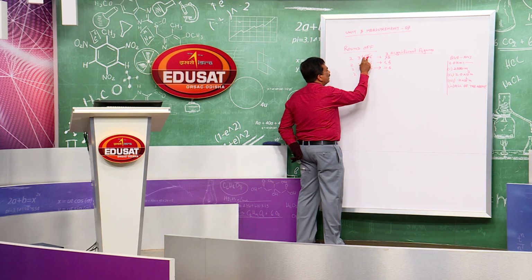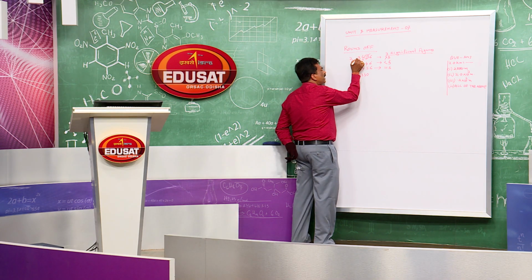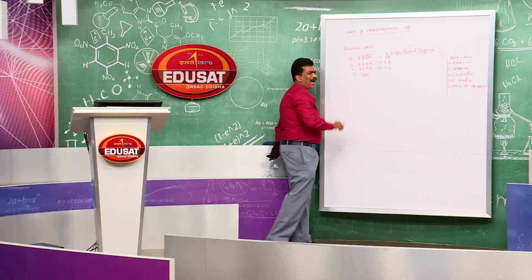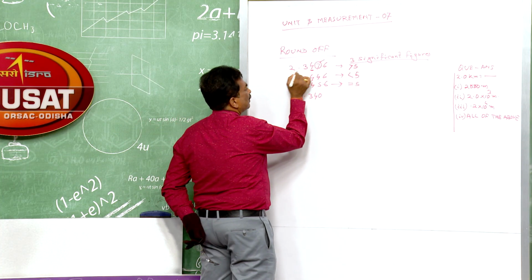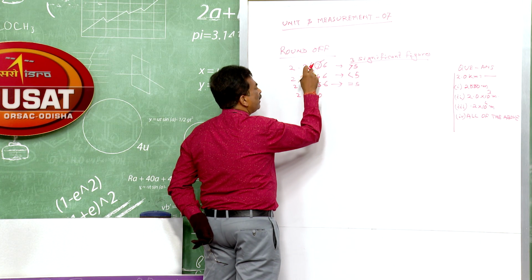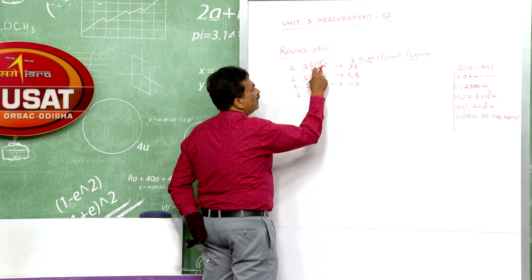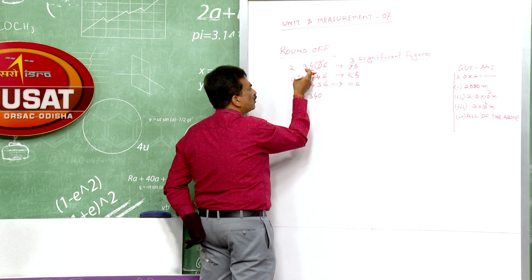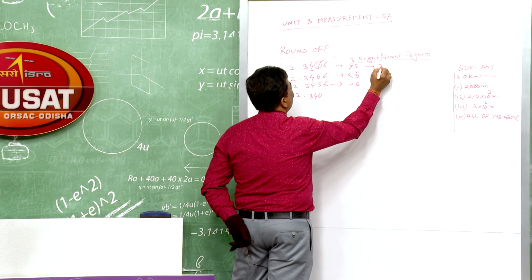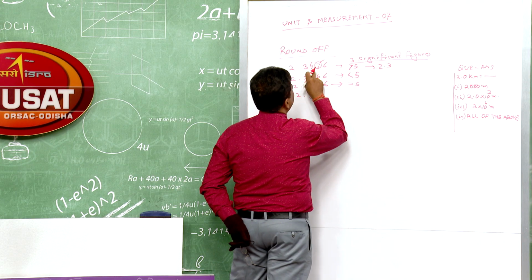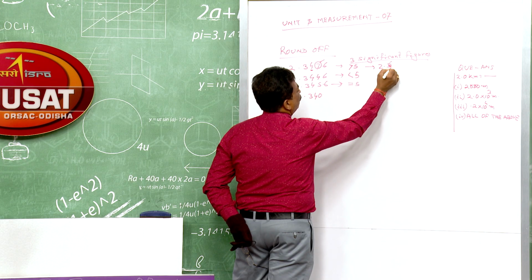If that one is greater than 5, then the preceding one is to be increased. If we round off from here, the following digit is 7, which is greater than 5, so the preceding one, which is 3, becomes 4.